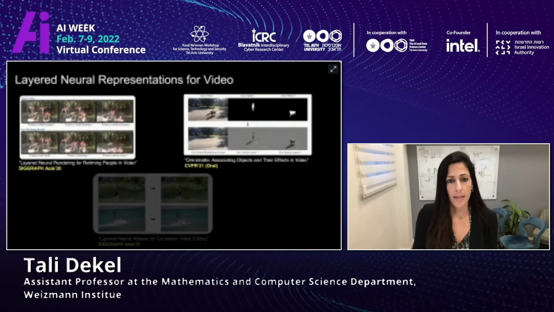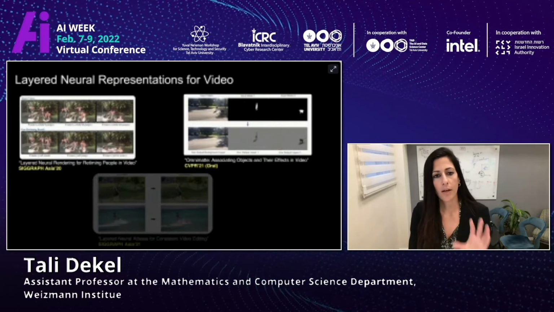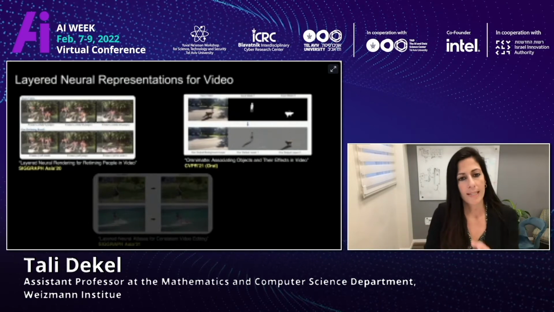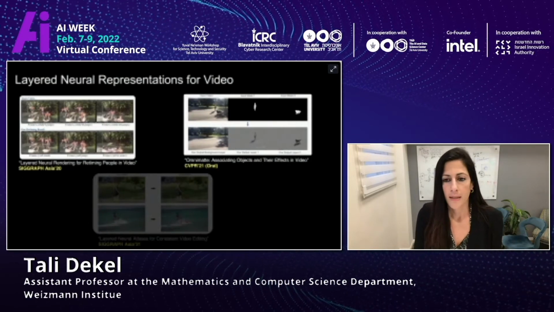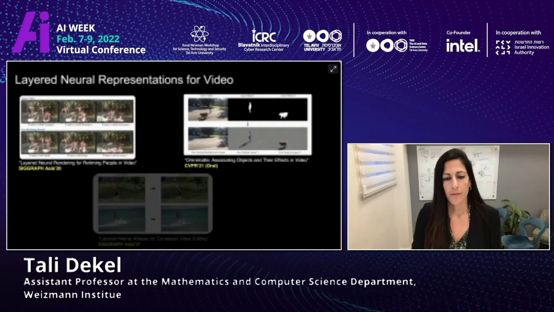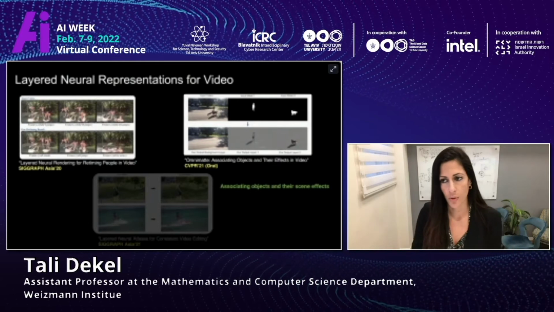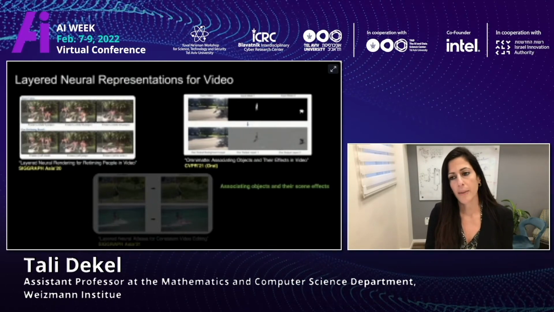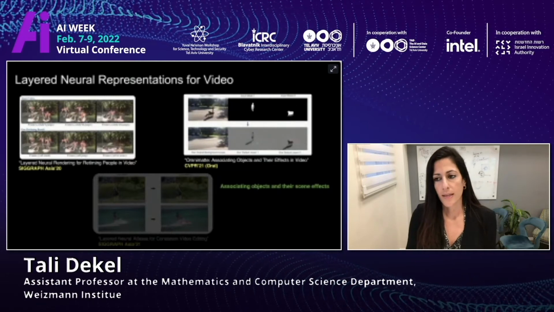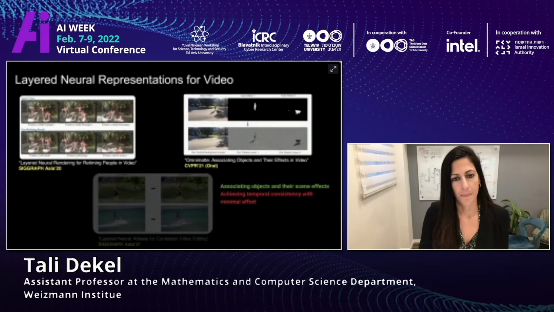And as you can see, a key property of those layers is that it doesn't contain only the object, but also all the scene elements that are related to them, like shadows. So this work really focused on the first challenge of associating objects with their effects in the video. But here, the layers are computed for each frame independently. So in this case, we cannot easily propagate information across time.